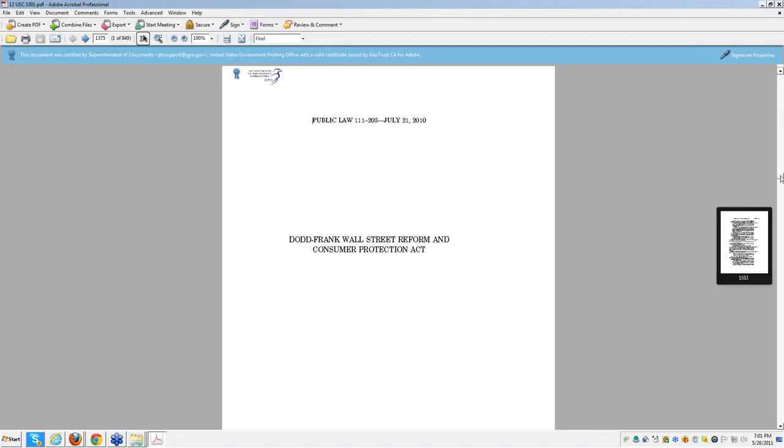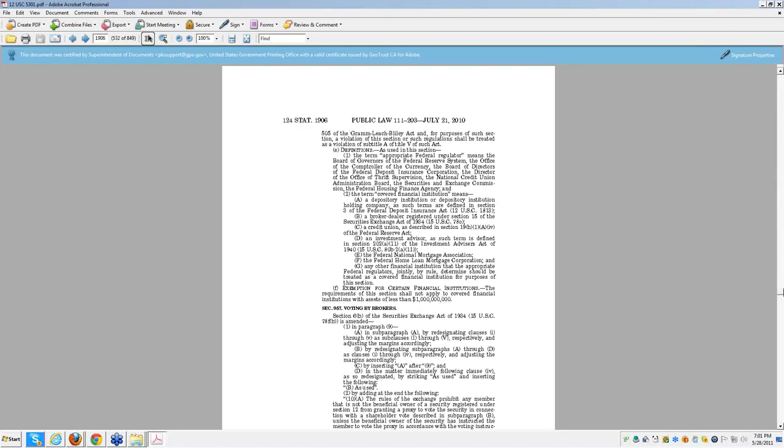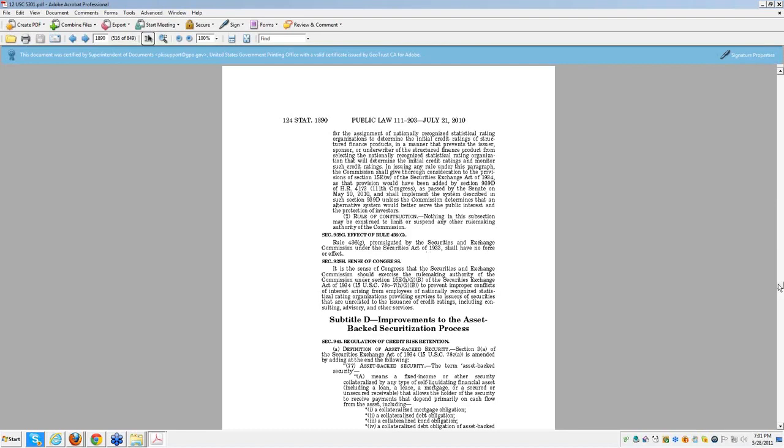If you go down here to, okay, here's what's going on. I'm going to spell this out for you. This is called bank securitization.